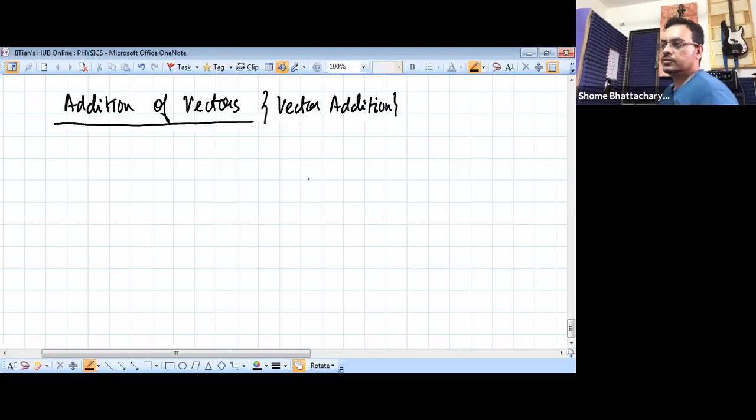Okay. This is addition according to vector algebra, not according to the normal algebra of numbers that you use. So we'll understand this with a couple of examples first. So suppose I have a situation where, suppose S1 is a displacement of 30 kilometers towards east.